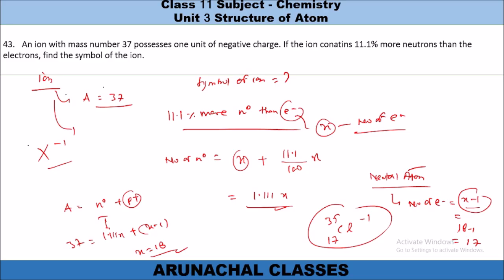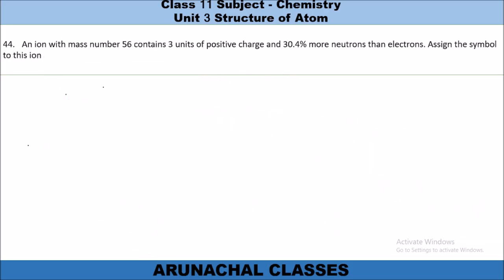Now we are with the next question, question number 44. Here it is given that an ion with mass number 56 has 3 unit positive charge and 30.4% more neutrons than electrons.